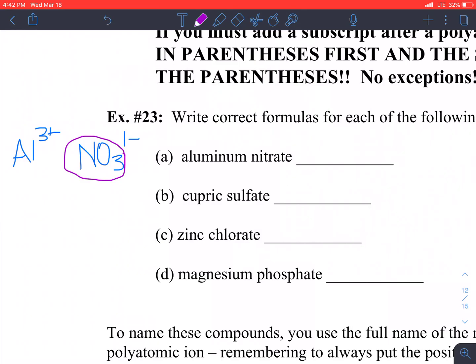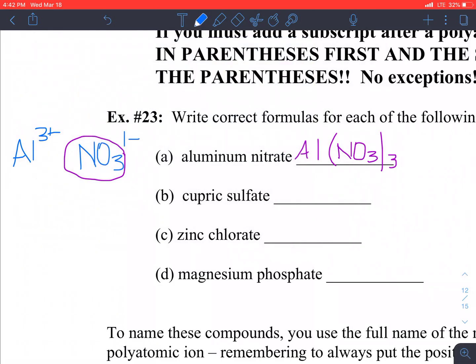So let's crisscross this. The 3 comes down, the 1 goes down here, and what we get is Al1, which we don't write the 1, it's understood. But since we need 3 nitrate groups, we have to put the nitrate in parentheses, and then the 3 goes on the outside of the parentheses.